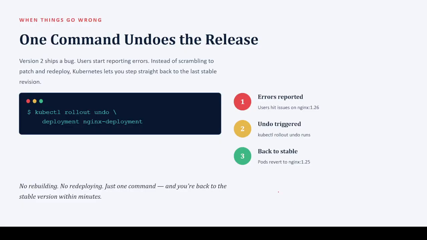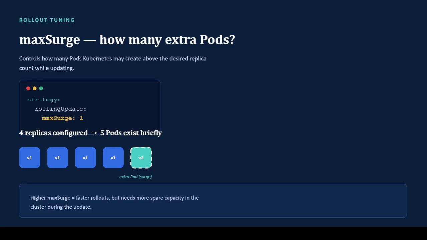Next important thing which we have is maxSurge. This is one option in the YAML file which you don't define, whatever we do. Kubernetes automatically adds all these details, which strategy should be used, and what the max surge is, and all of it is automatically added into the YAML.